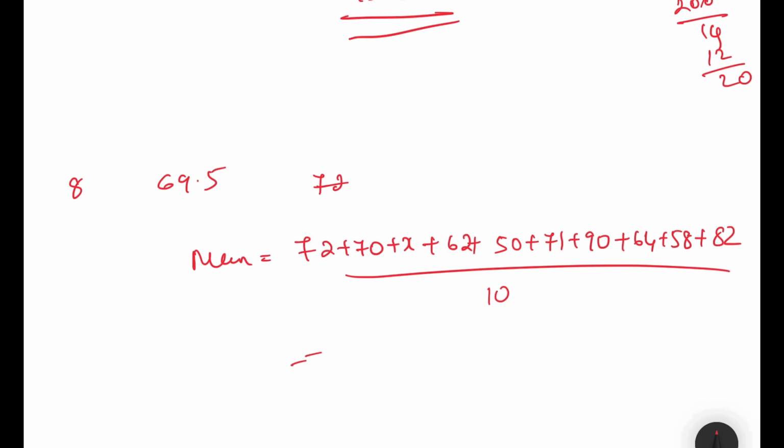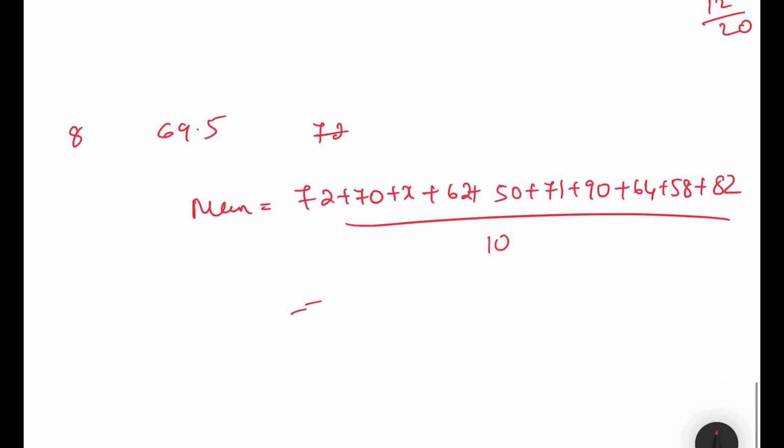Okay, so let me add up all this. What do I get? 72 plus 70 plus 62 plus 50 plus 71 plus 90 plus 64 plus 58 plus 82.